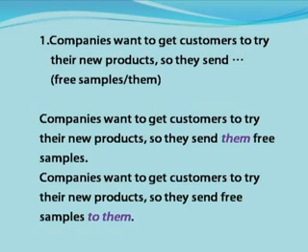So you will have to write down the answers like this. Companies want to get customers to try their new products, so they sent them free samples. Another sample is, companies want to get customers to try their new products, so they sent free samples to them.